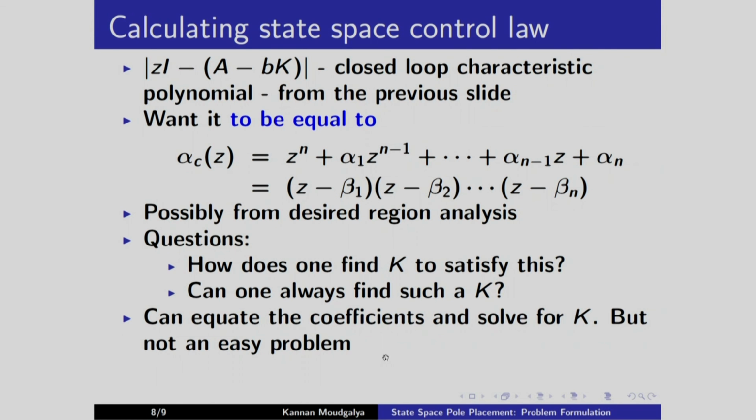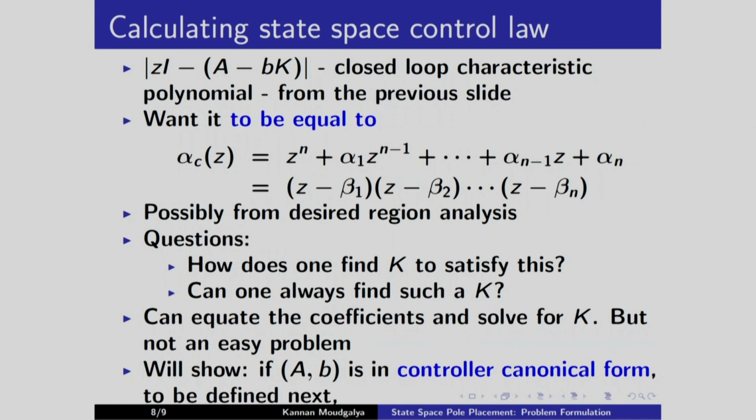As I mentioned earlier, one can equate the coefficients of this polynomial with those of this requirement, but this is not an easy problem to solve, because when we equate the coefficients we will get n equations. They will be nonlinear, they may not be well behaved, it may be difficult to find initial guess, and so on and so forth. So it is not an easy problem to solve.